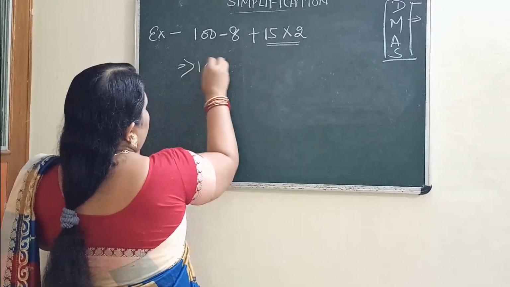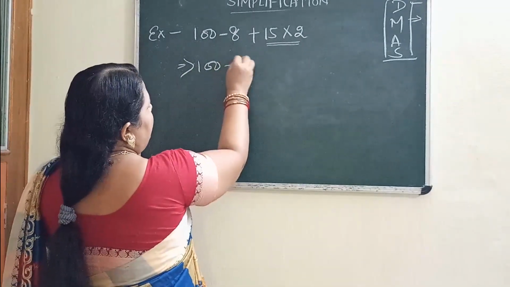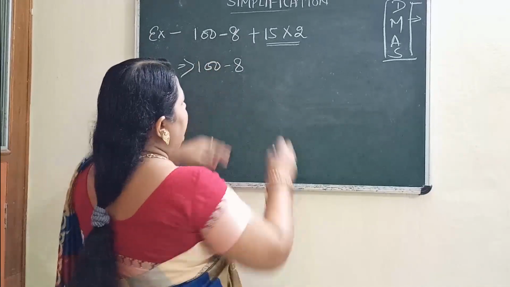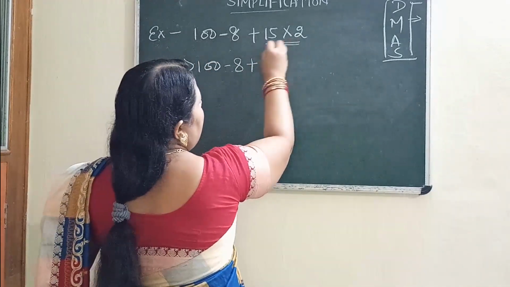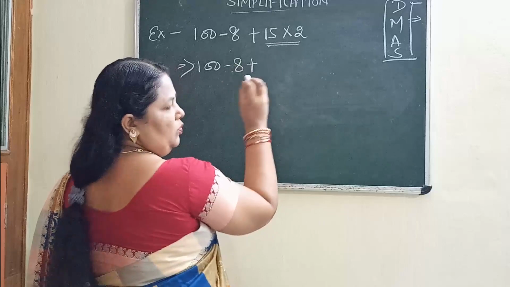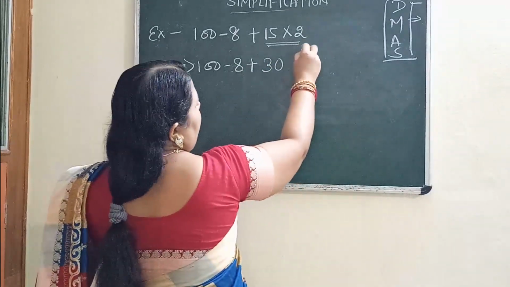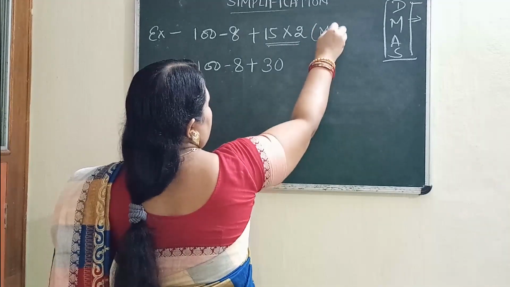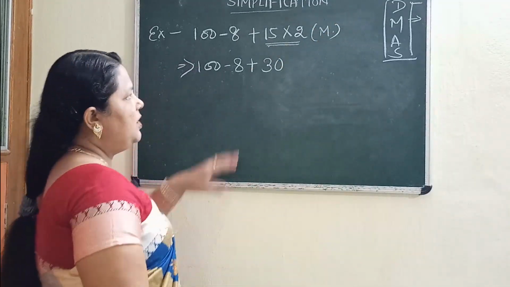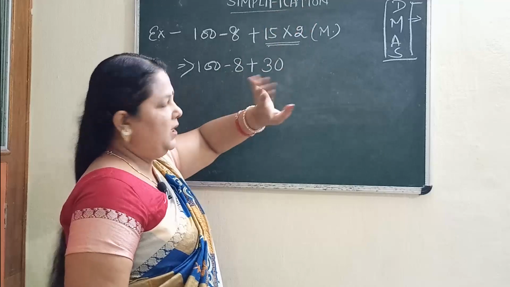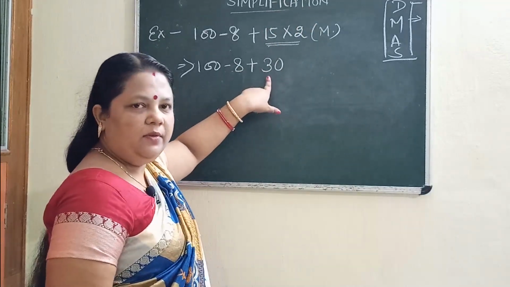So what you will write? Rest things you will write as it is, 100 minus 8 plus these things you will simplify, 15 into 2. The value we will put here. We have solved multiplication in this step, and we have written the value over here.